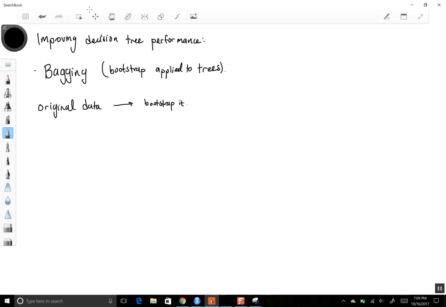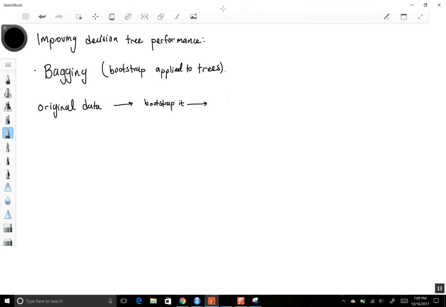So bootstrap is basically saying my original data is representative of the population, so I can make infinite copies of it, and then I'm going to draw a sample from that pseudo population.